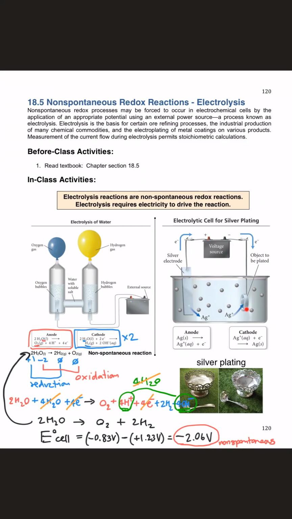Therefore, the silver ion that accepts an electron becomes silver solid deposited on the object. So this is the process of silver plating. Eventually, the color of the object will be the same color as the silver coated on its surface.